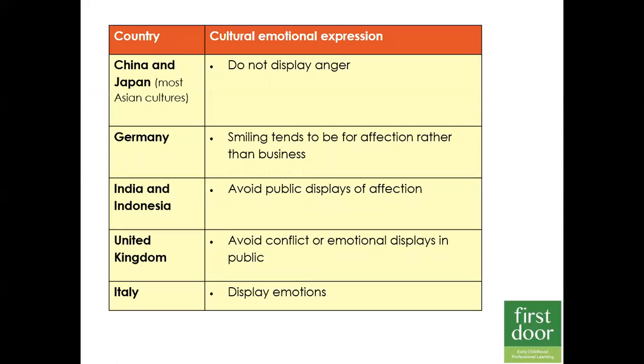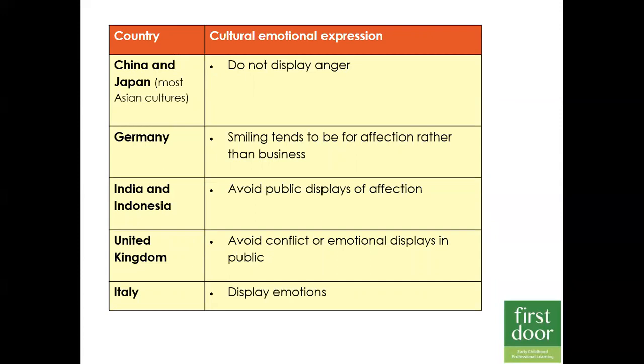So continuing on from diversity, something that I find fascinating about emotional intelligence is having an understanding about how different cultures display their emotional expressions. In many Asian cultures, for example, China and Japan, they actually do not display anger. It's part of their culture to not display anger.